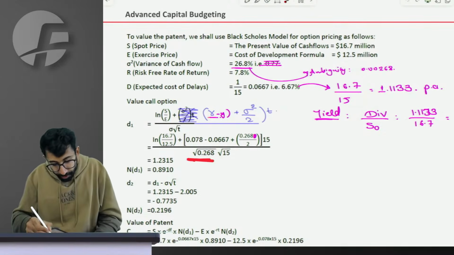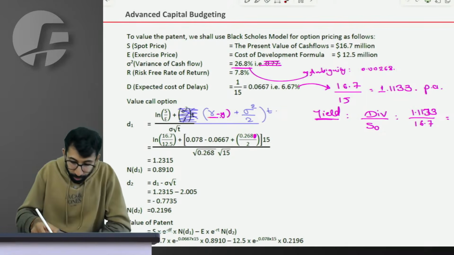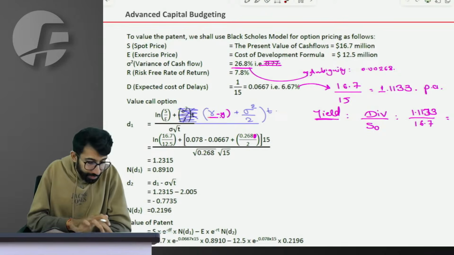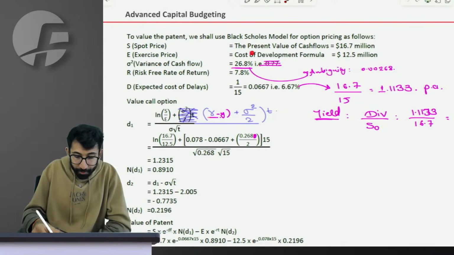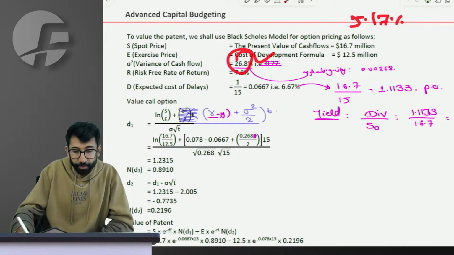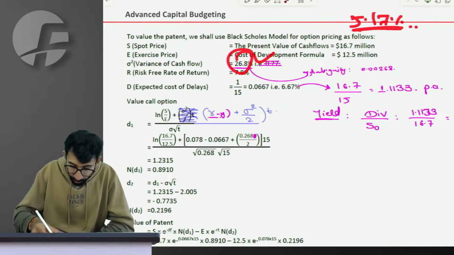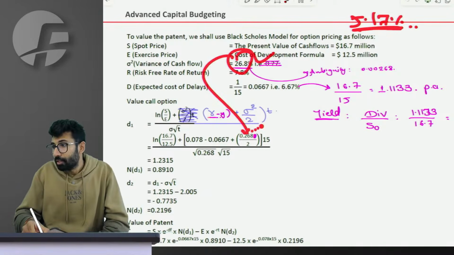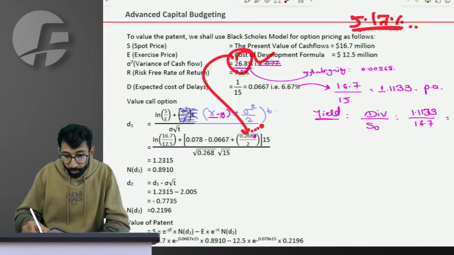this is a scam unfortunately, but we'll have to follow it. Because please feel the common sense. When 26.8 is the variance in percentage terms, how much is the standard deviation? 5.17%, obviously. But unfortunately, the institute did convert it to the decimal.